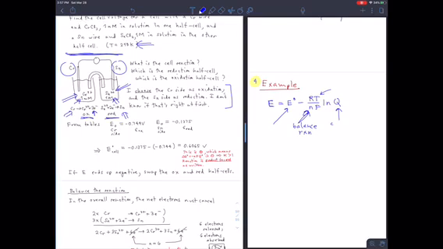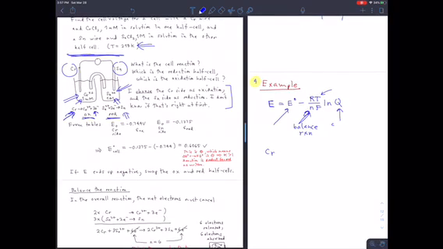for the reduction reaction for the chromium side, which would be Cr3+ plus 3e- goes to Cr. And from the tables, the value I see for that is minus 0.774 volts.